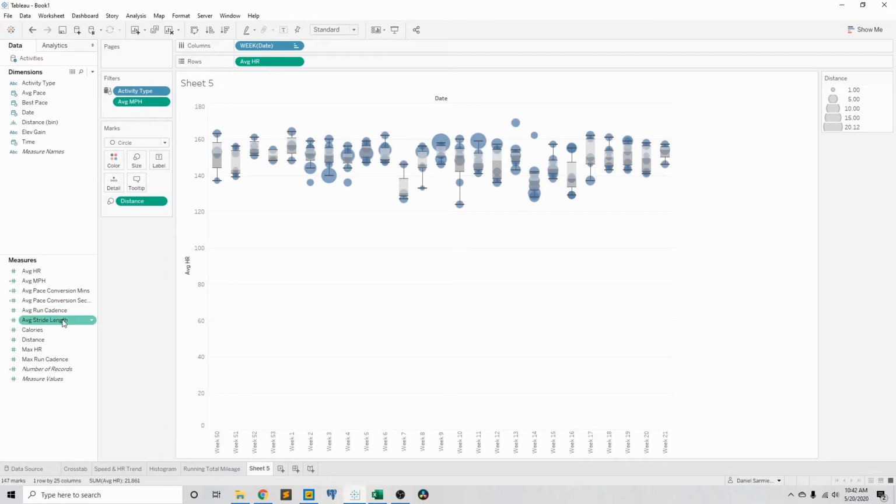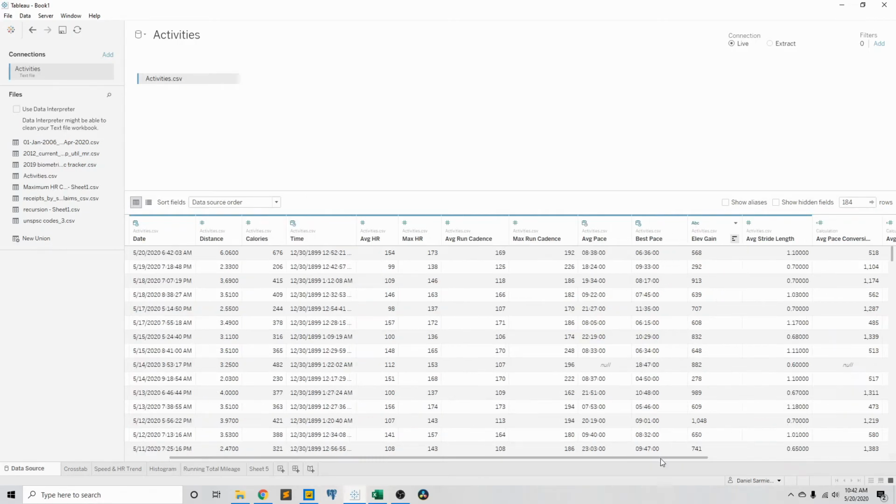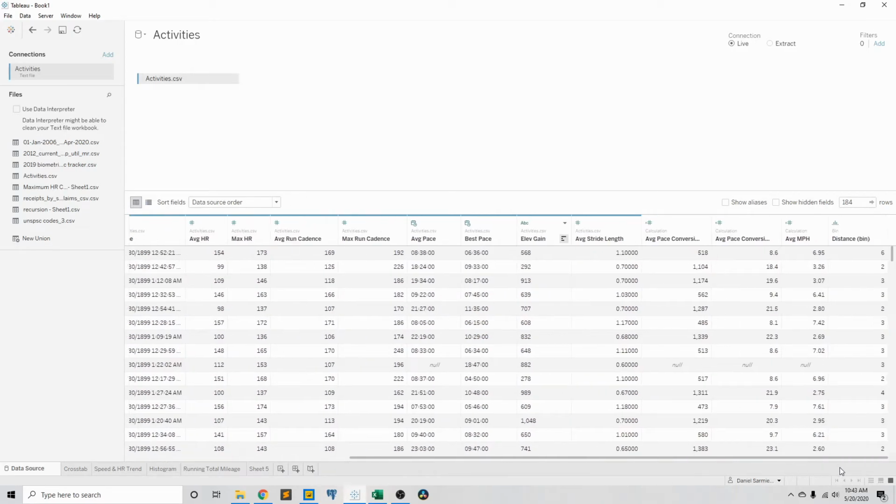But even better than that, let's say I wanted to look at elevation. Oh, that is not categorized the right way. Elevation. This will be a whole number.